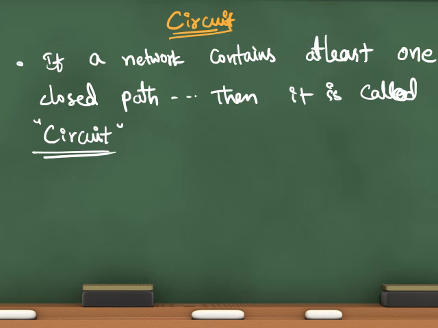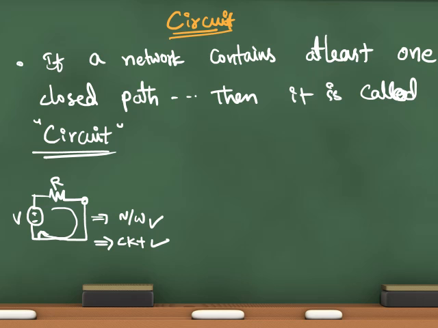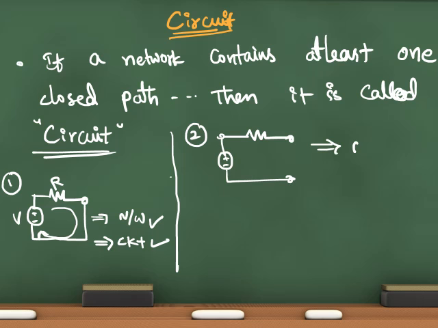See here, here there is a closed path. That's why it is both a network and a circuit. Whereas in the second case, see here, this is only a network but not a circuit.